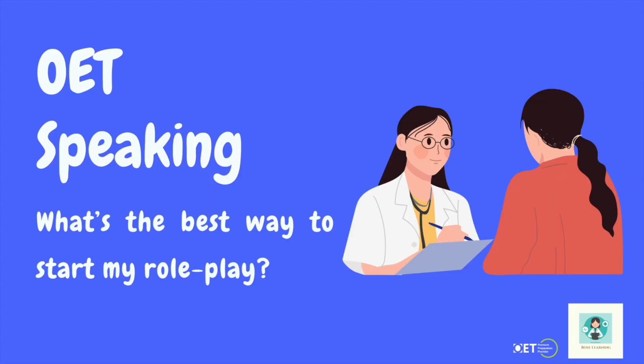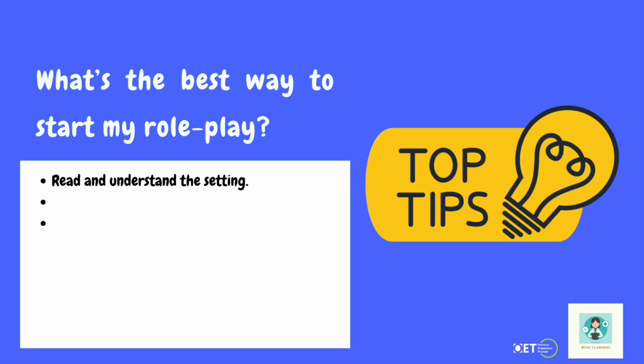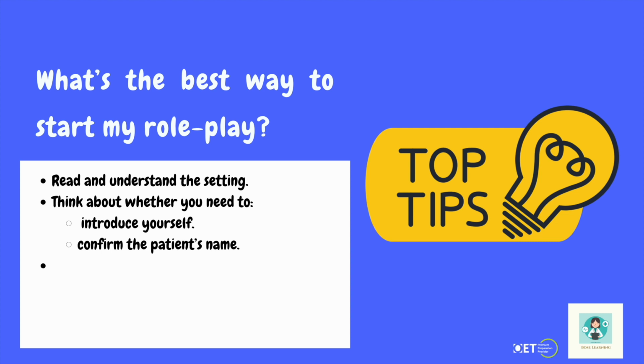So to summarise, what's the best way to start the role play? Well, the best way is to adapt it according to the scenario in front of you. Read and understand the setting. Think about whether you need to introduce yourself or confirm the patient's name. Maybe you do, maybe you don't.